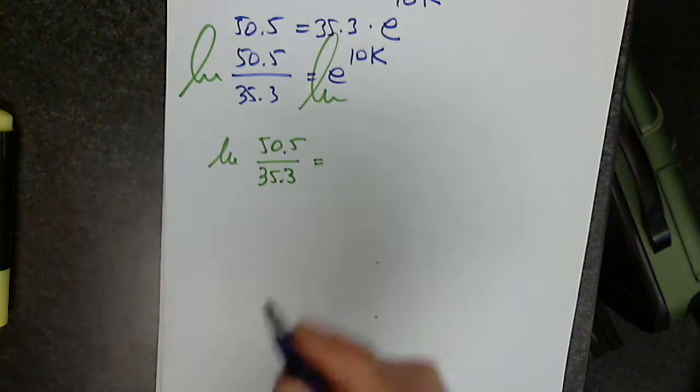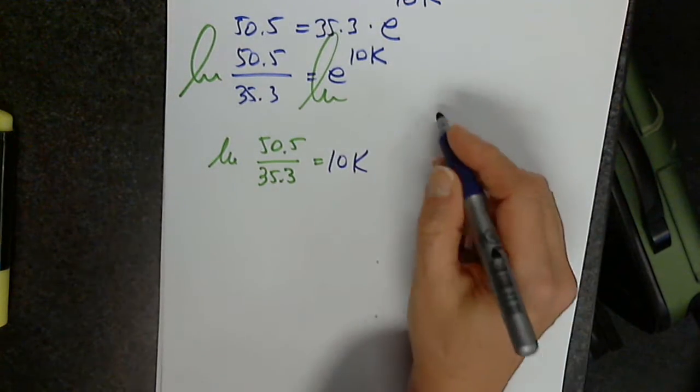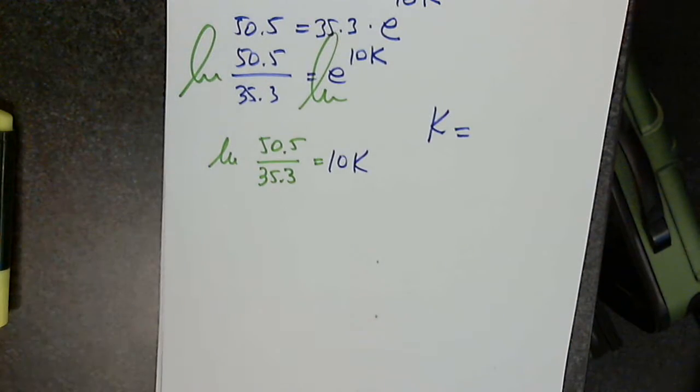Exactly 10k. Finally, k equals... Can anyone tell us what to write? 15.5 over 35.3 divided by 10.